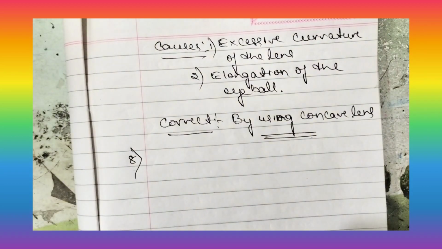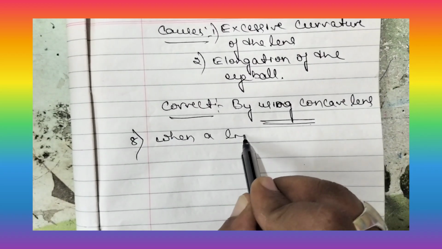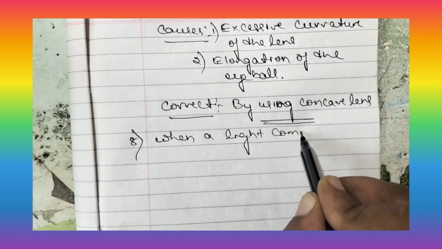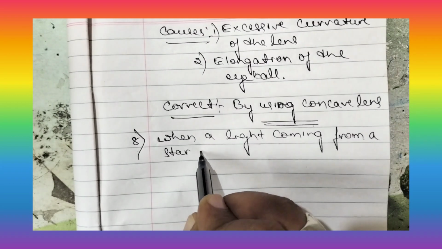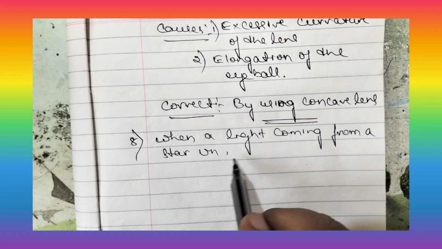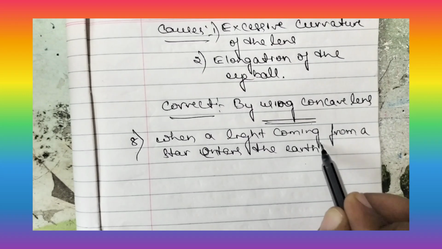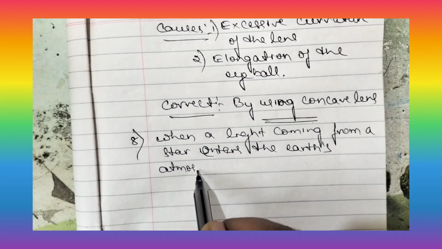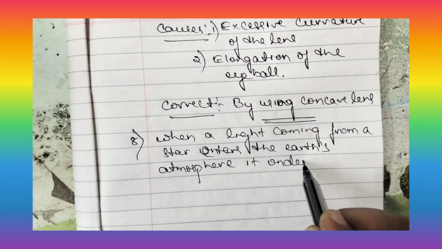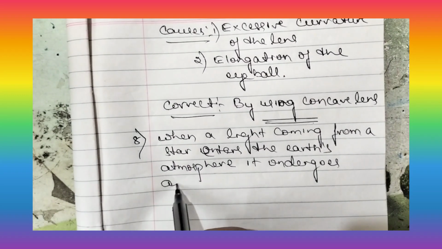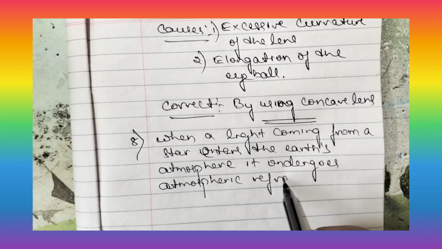So when light coming from a star enters the Earth's atmosphere, it undergoes atmospheric refraction.